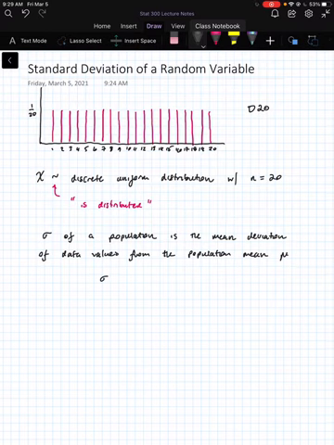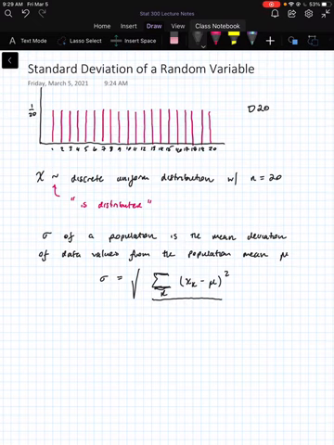So then we calculated this as the square root of the sum over all data values of the data values themselves minus the mean squared all over the number of data values.